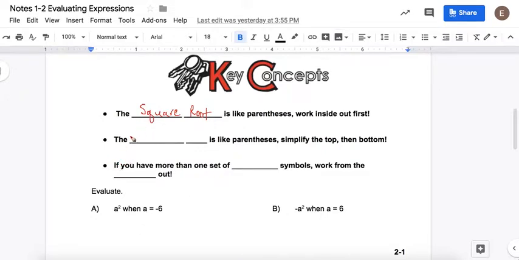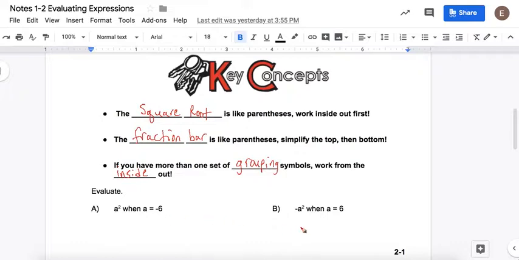And then the fraction bar is like parentheses, simplify the top, then the bottom. And if you have more than one set of grouping symbols, work from the inside out.